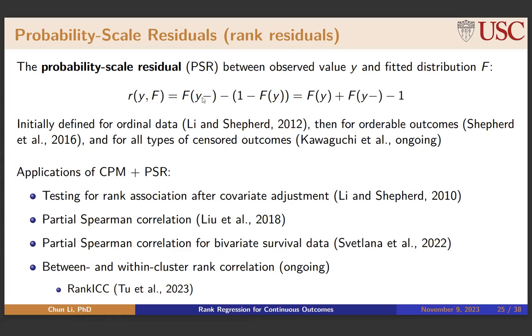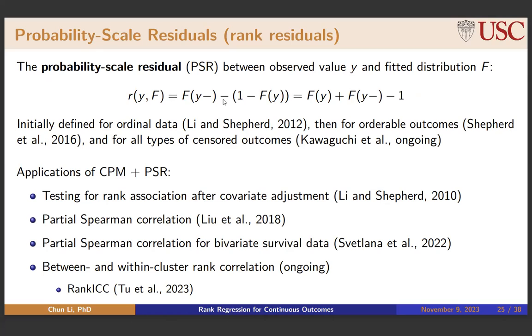Right. So this definition is actually quite simple. You compare your observed outcome with a fitted distribution. So fitted distribution is F. Basically, you look at how many categories. What's the probability of the categories below the observed? And for those probability, you assign score 1. And what's the probability for those above the observed? And you give them -1.